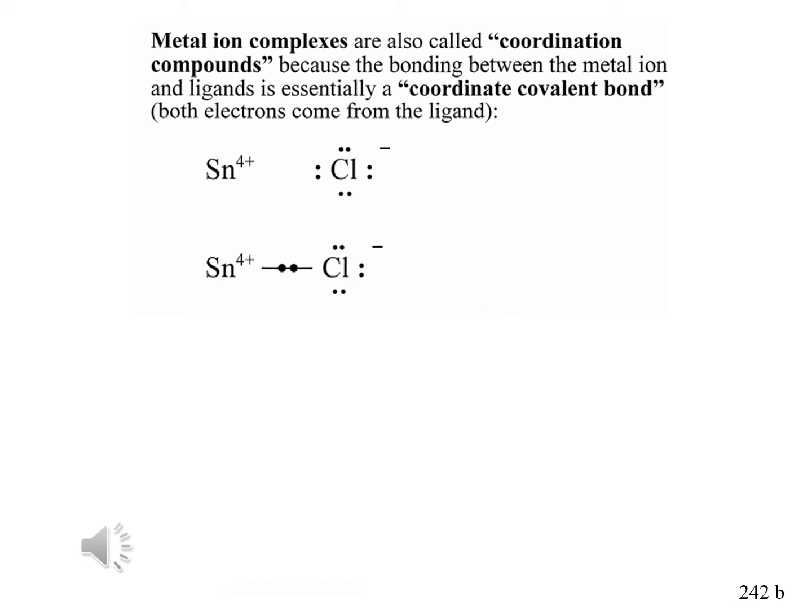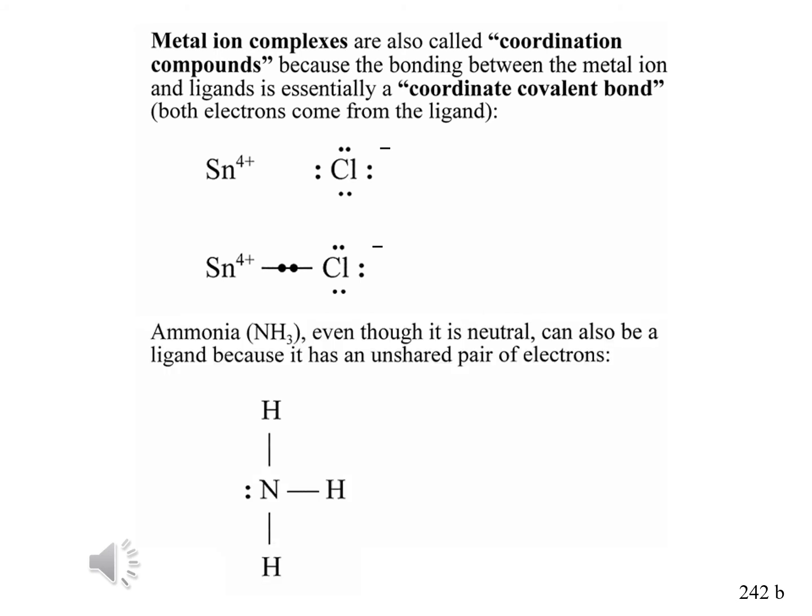When you get a covalent bond where both electrons come from the same atom, that's called a coordinate covalent bond, and that's the kind of bonding in complexes. So that's the reason why they also call them coordination compounds, because that's the type of bonding.